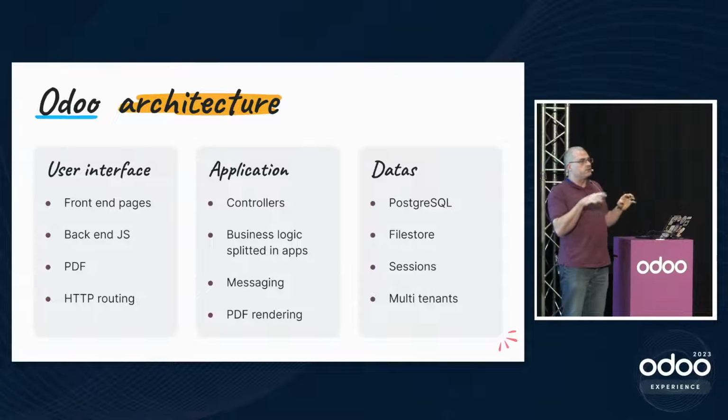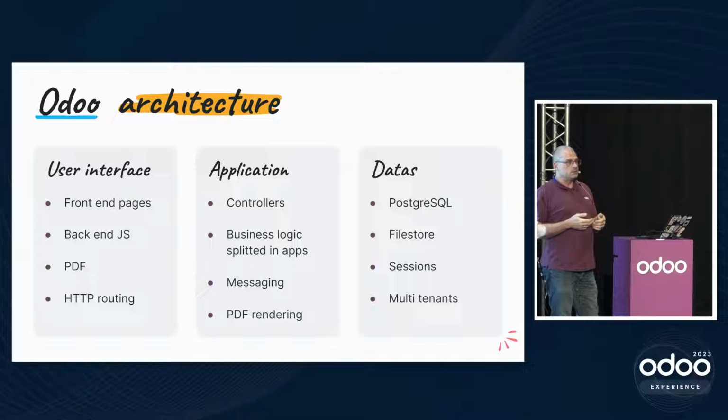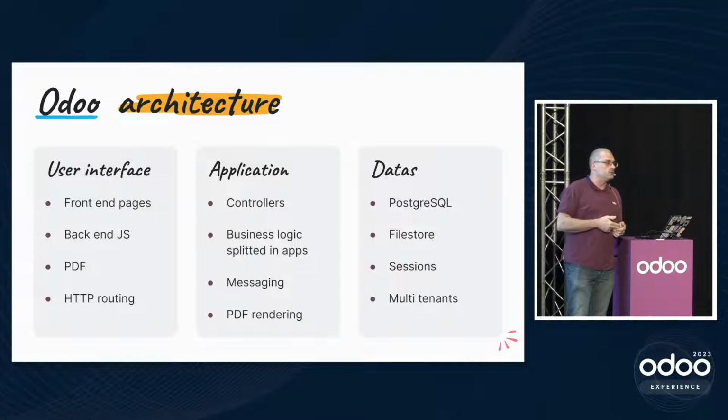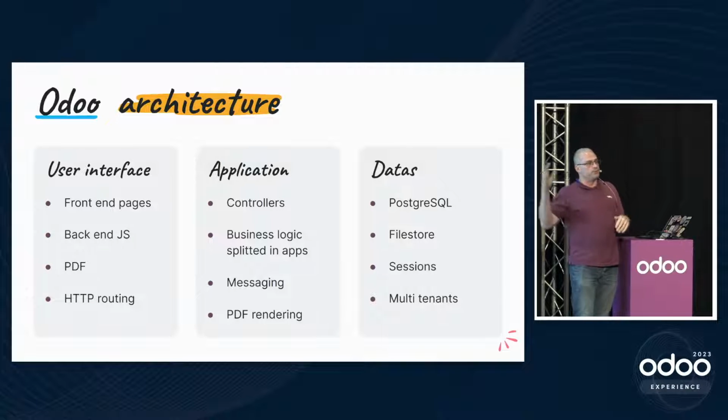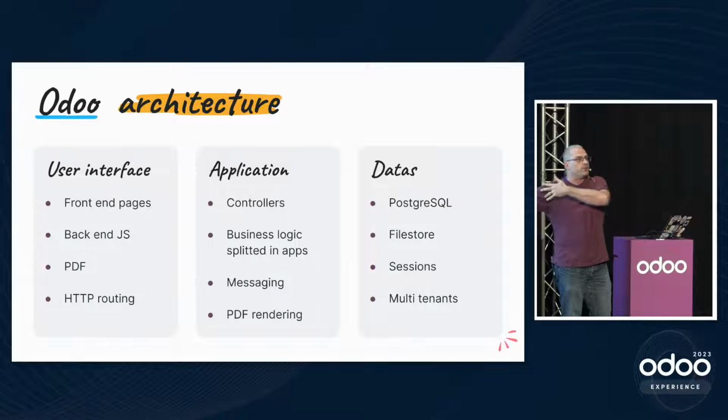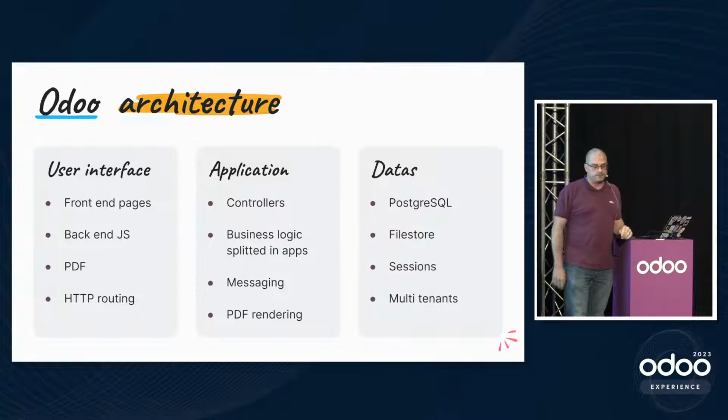This kind of storage is called in the Odoo world the file store. In the file store, you will also find the sessions. When you log in to an Odoo instance, Odoo creates a session. This session is saved as a file on the file system. It's important for the next step of the deployment we will see later on.